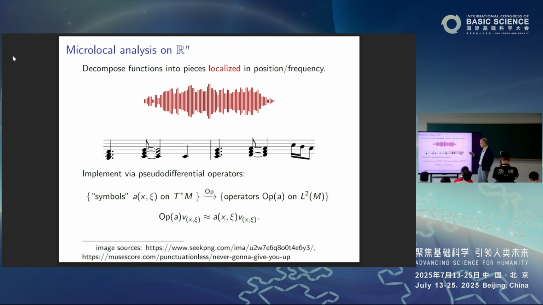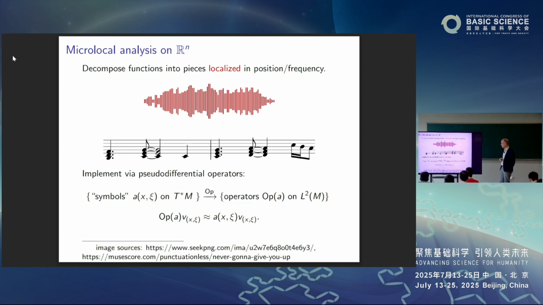For instance, if your function is a characteristic function of just one region in the staff, then it zeroes out all of the notes except for the notes appearing in that region. So if you'd like to hear just the high notes in your song, you would apply Op(A), where A is the characteristic function of a rectangle that contains all of those high notes.